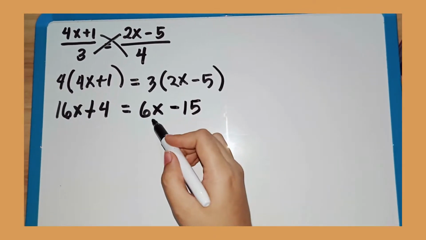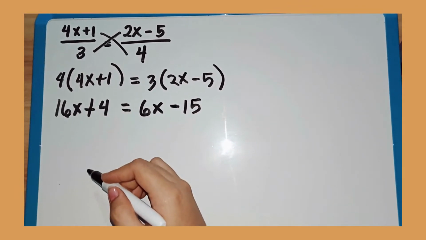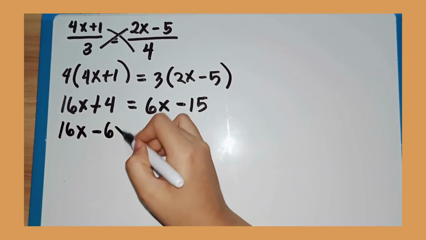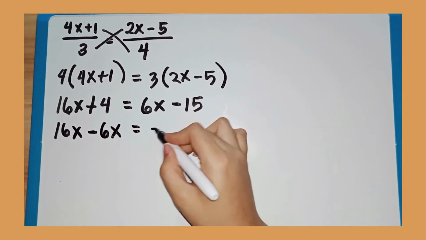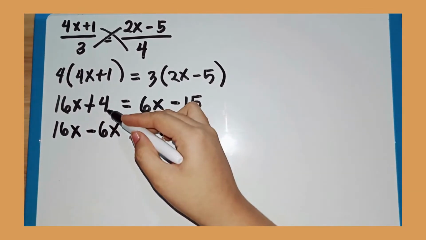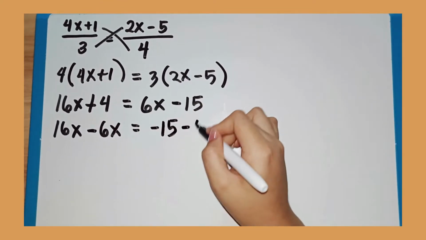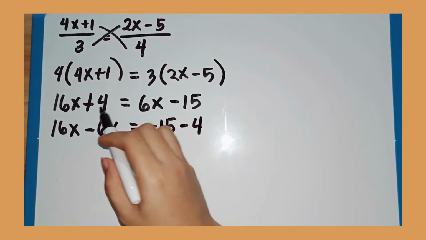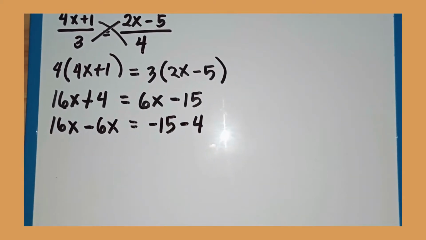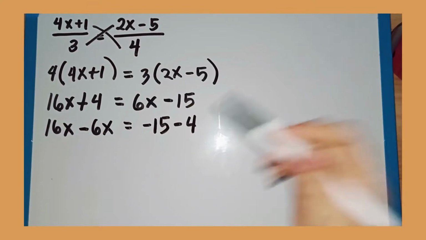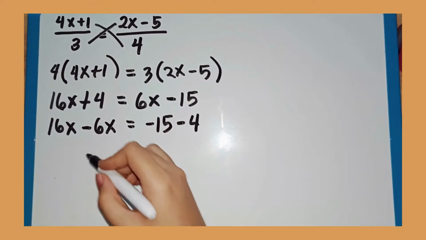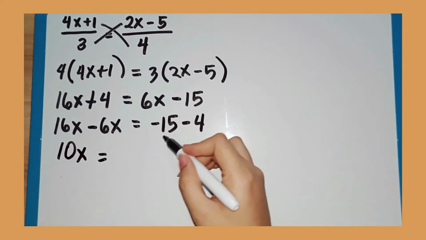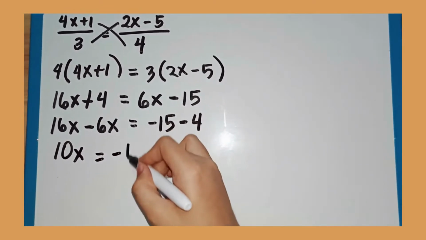Ngayon, yung x, ililipat sa kabila, magiging negative. So, this is 16x minus 6x equals negative 15. Yung positive 4 naman, ililipat sa kabila, magiging negative 4. So, yung 6x, naging negative, yung 4 naging negative. Simplify natin, 16x minus 6x, that is 10x, equals negative 15 minus 4, that is negative 19.